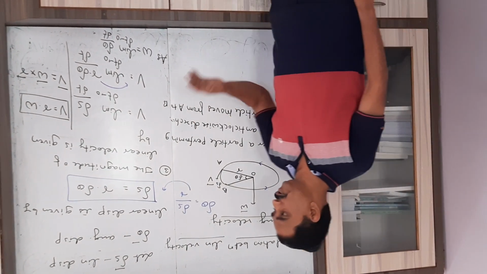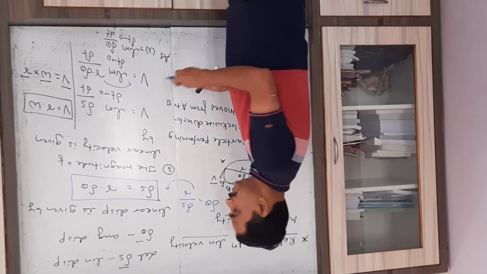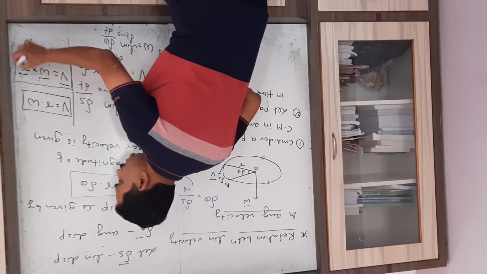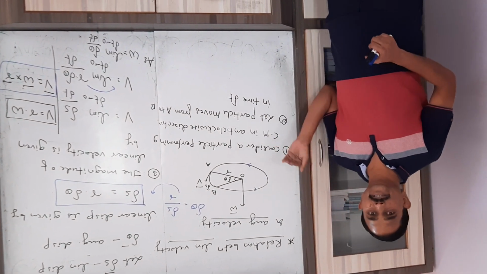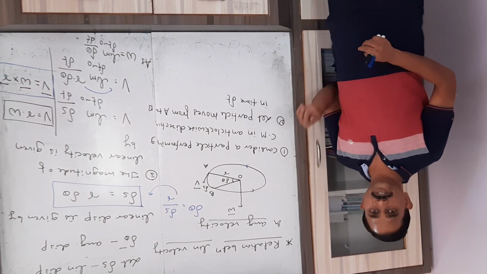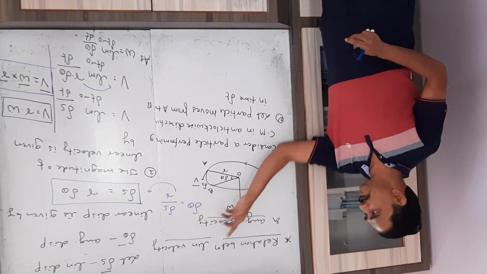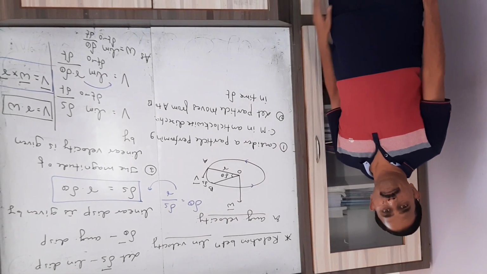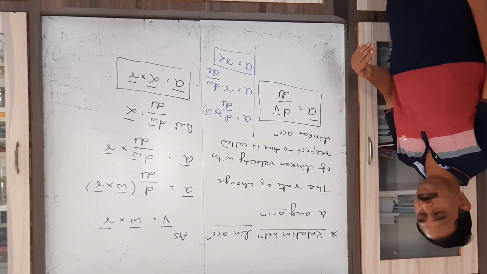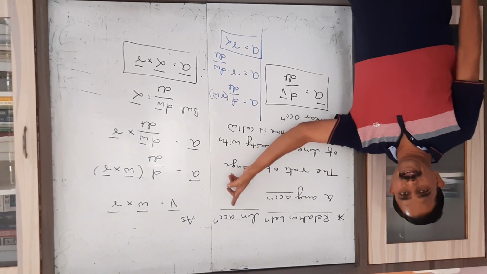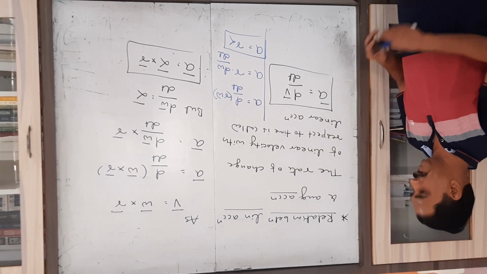So in vector notation, we can express that relation as v equal to omega cross r. This is the second important relation, which is the relation between linear velocity and angular velocity. Now we have to consider the third relation, that is the relation between linear acceleration and angular acceleration.